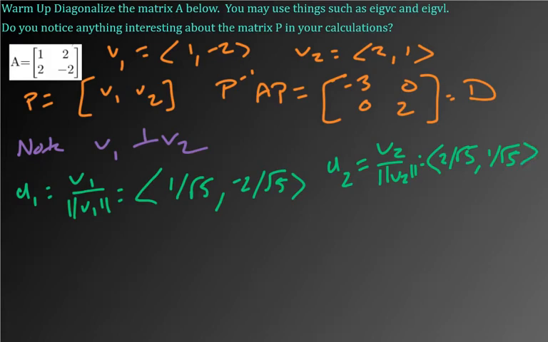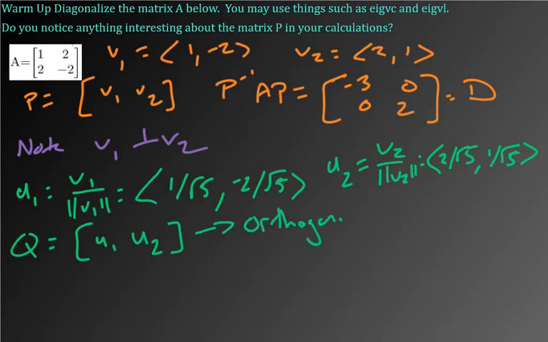Both of those are unit vectors. So if you let Q be built from u1 and u2, this would be an orthogonal matrix, one built out of perpendicular vectors that also have length 1. I wish they would call them orthonormal matrices, but they're called orthogonal matrices.